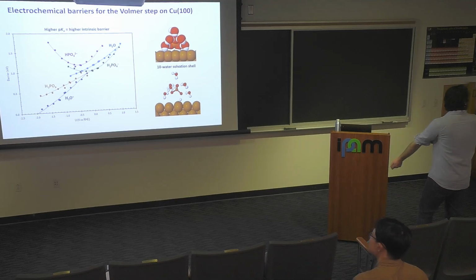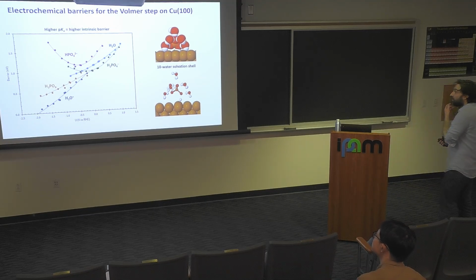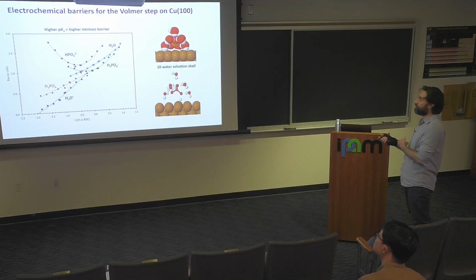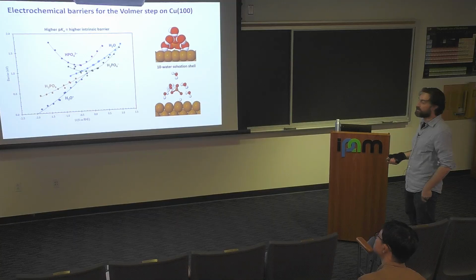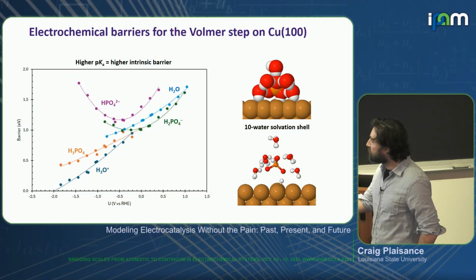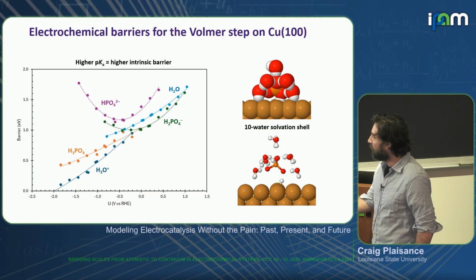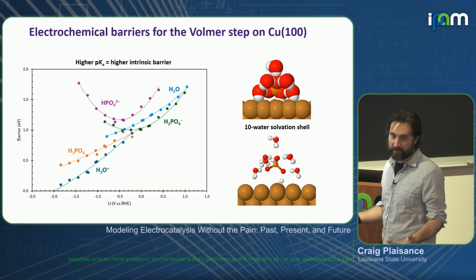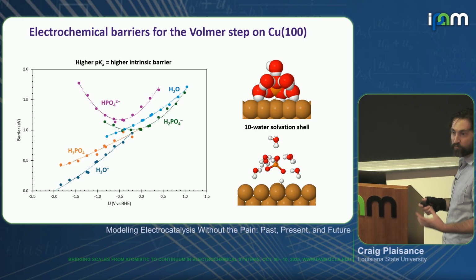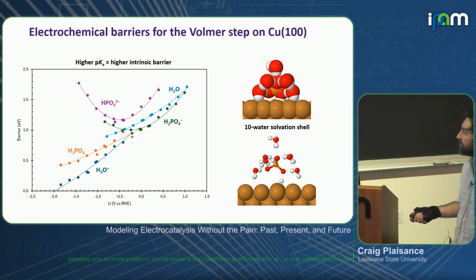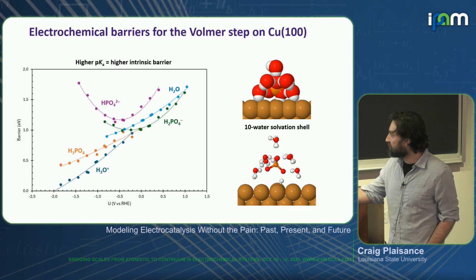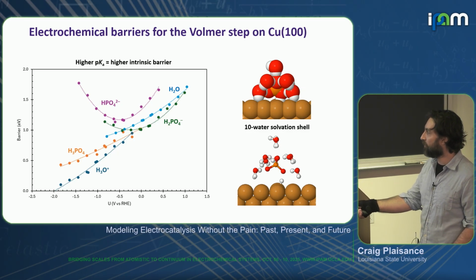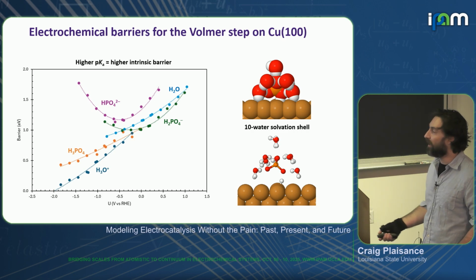Okay, so now I'm going to talk about a few applications of this that we had. The first thing we did was we used it to compute electrochemical barriers of the Volmer step on copper 100. And we used different proton donors. We used hydronium, which is the proton donor in acidic conditions, water, which is the proton donor in alkaline conditions, and different phosphate anions from phosphoric acid, H2PO4 minus and HPO4 2 minus.